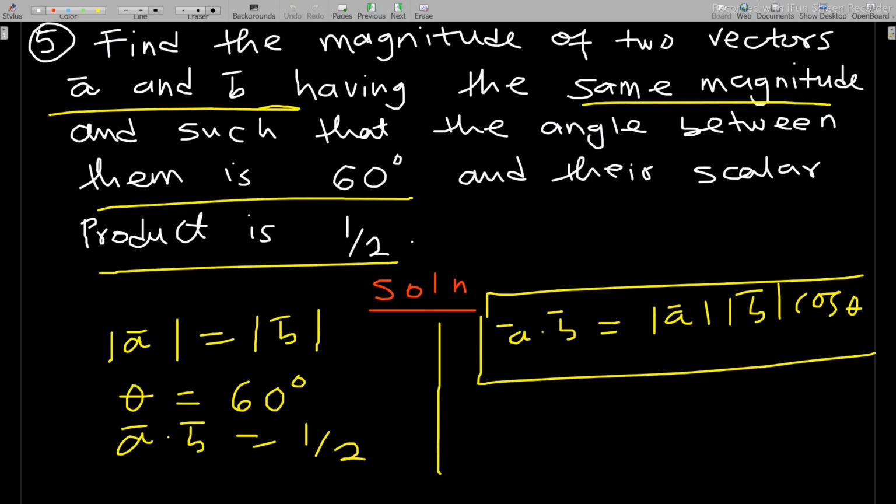A dot b is given as half, so let me write it. A dot b should be equal to the magnitude of a times the magnitude of b times cos of theta. Everything has been given. A dot b is half. The magnitude of a is the same as the magnitude of b, so we'll call them both the magnitude of a, then cos 60 degrees.